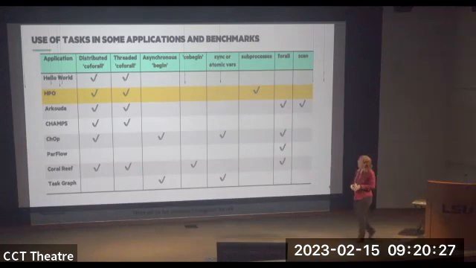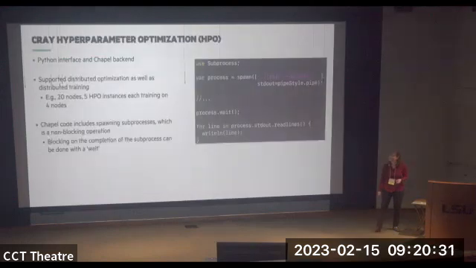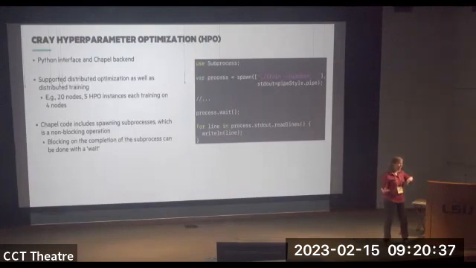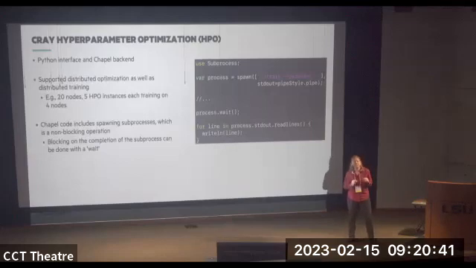Now let's talk about HPO. This is a hyperparameter optimization code. What it does is it has a Python interface and then a Chapel backend, so that you can optimize the different parameters that are being sent into machine learning training software.